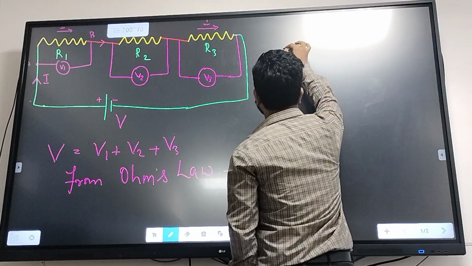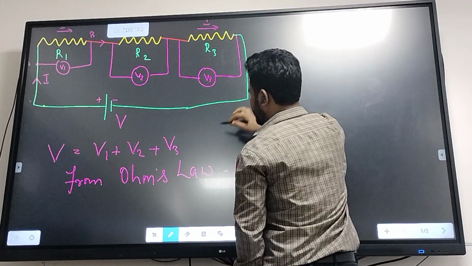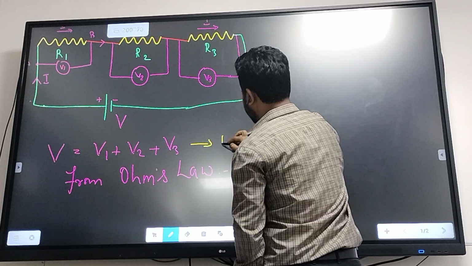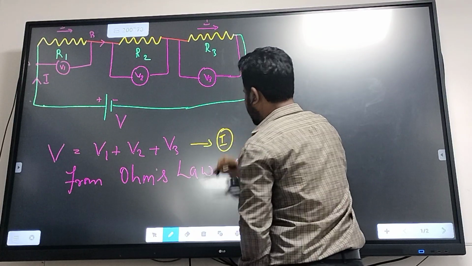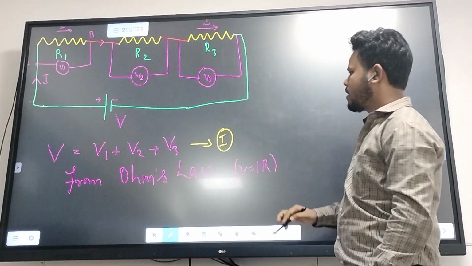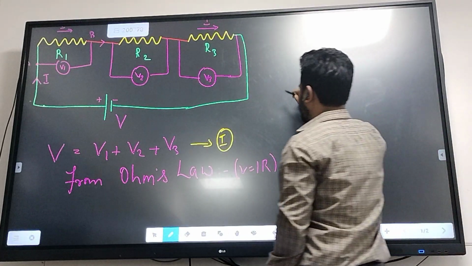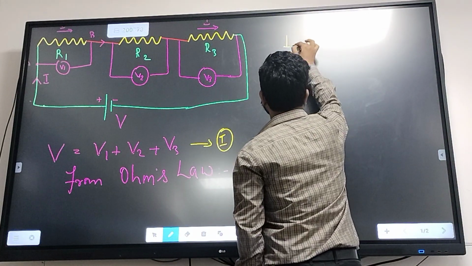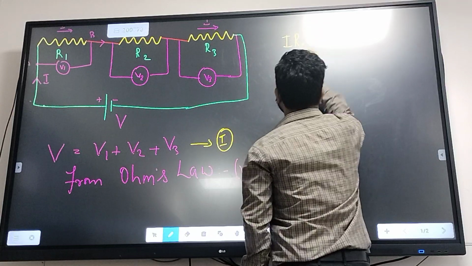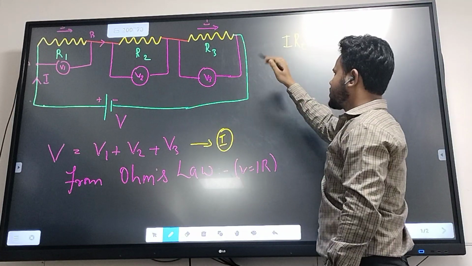Let's name this equation number 1. From this equation, V is equal to I into Re, where Re stands for the equivalent resistance in the circuit.